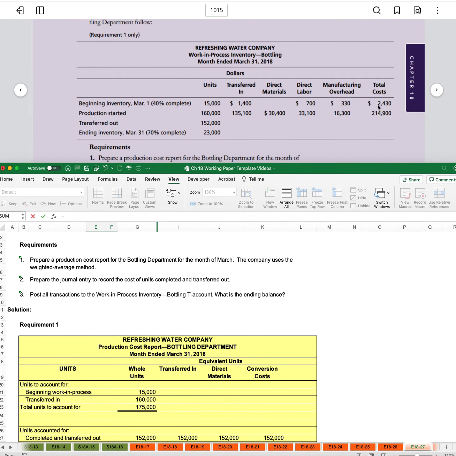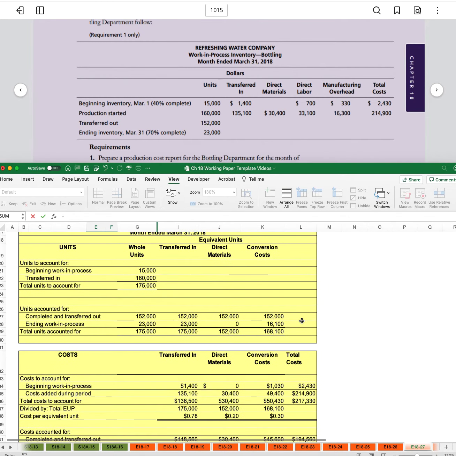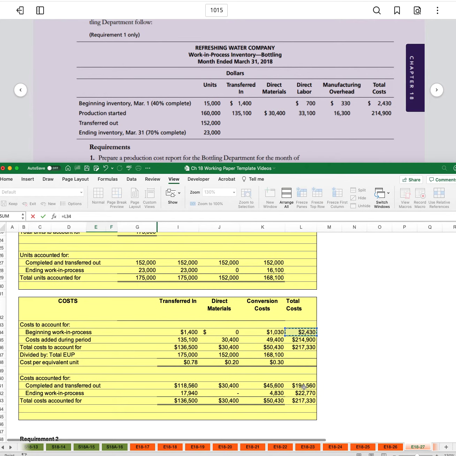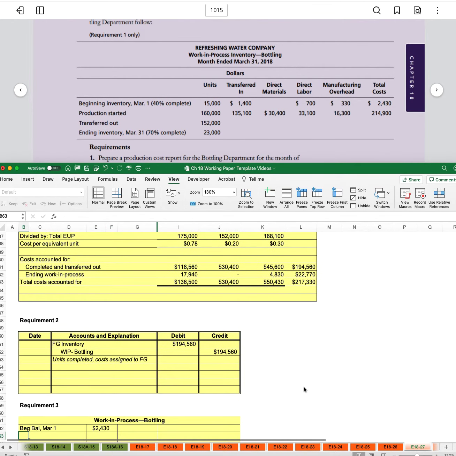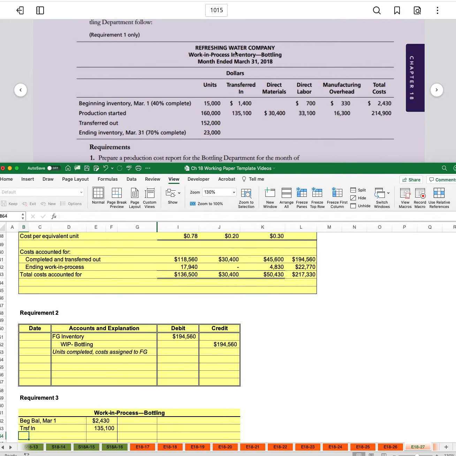It's up here. 2,430. And actually I do have it here, so we can reference our beginning WIP, 2,430. Then we're going to look at our transferred in, and that was 135,100 coming from our initial data set.